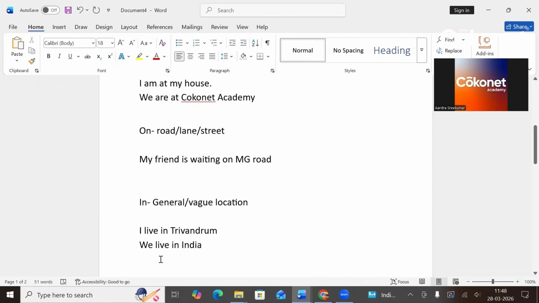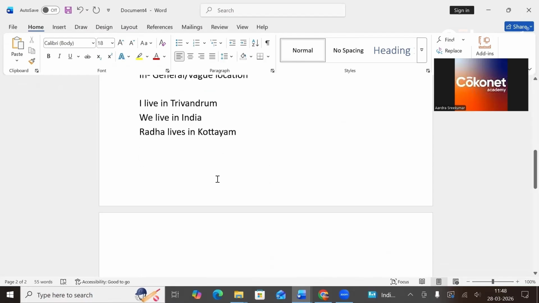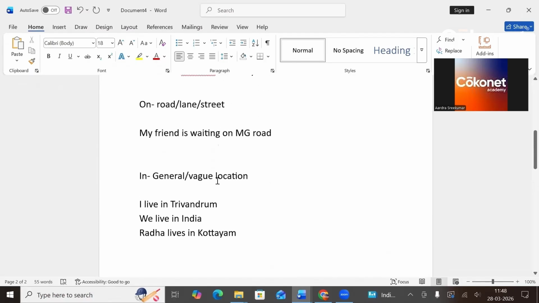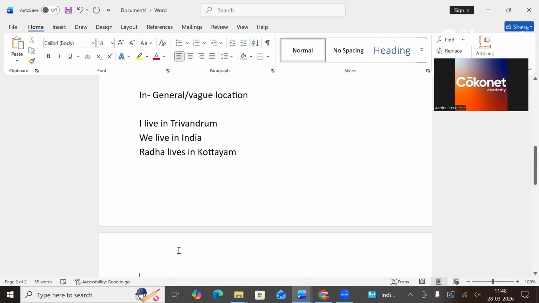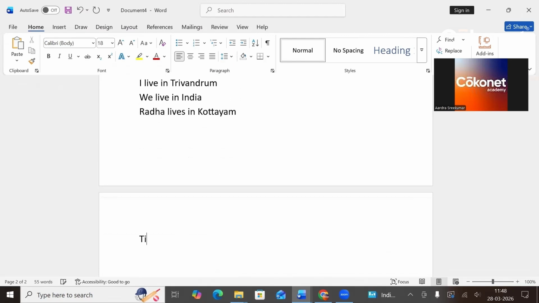Say Radha lives in a hotel. Again, not a specific location, but a general location. So this is how in, on, and at can be used with respect to place. Now it's time.